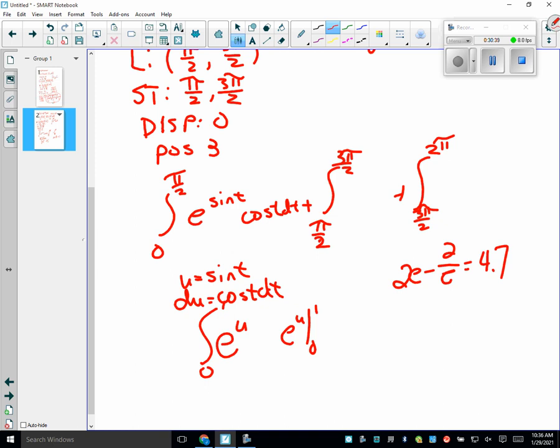So basically, the final position is 2 plus the integral from 0 to 7, right? So it starts with a -1, correct? Ends with negative also.